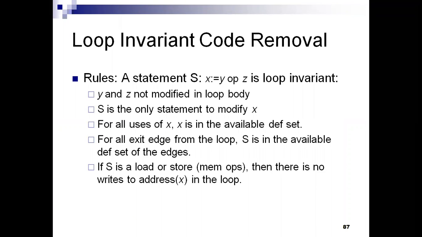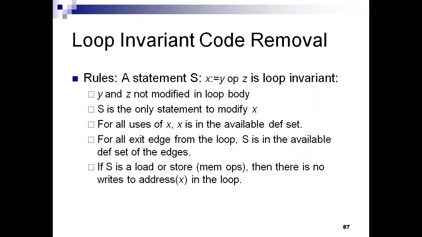Taking an example, a statement x = y op z that is loop invariant. By using this technique, the computations inside the loop are avoided. The rules: y and z are not modified in the loop body. S is the only statement to modify x. For all uses of x, S is the available definition.